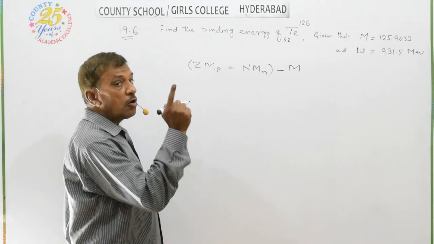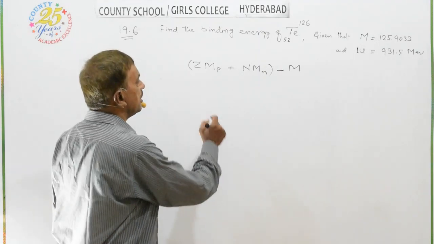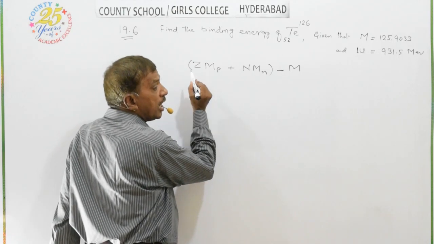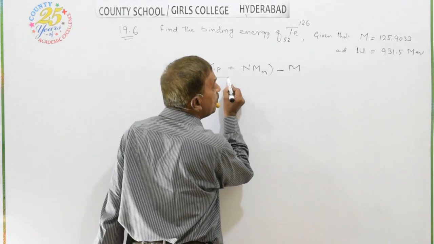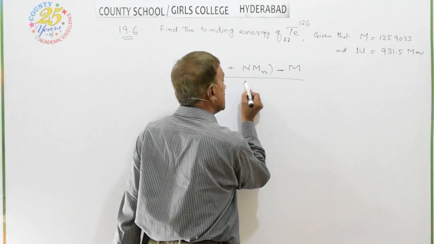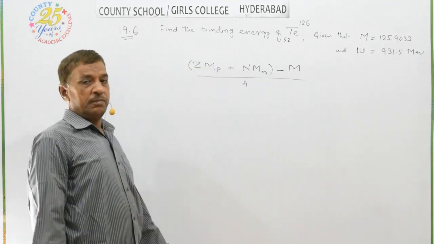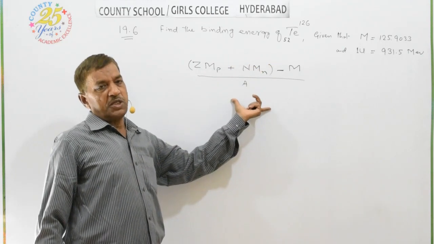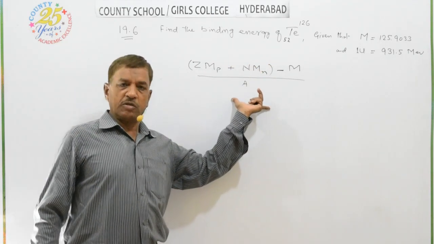If we see how many nucleons are in the nucleus, we find the mass deficit, the mass loss per nucleon. Suppose there are A nucleons. So we divide the total mass defect by the total number of nucleons in the nucleus.